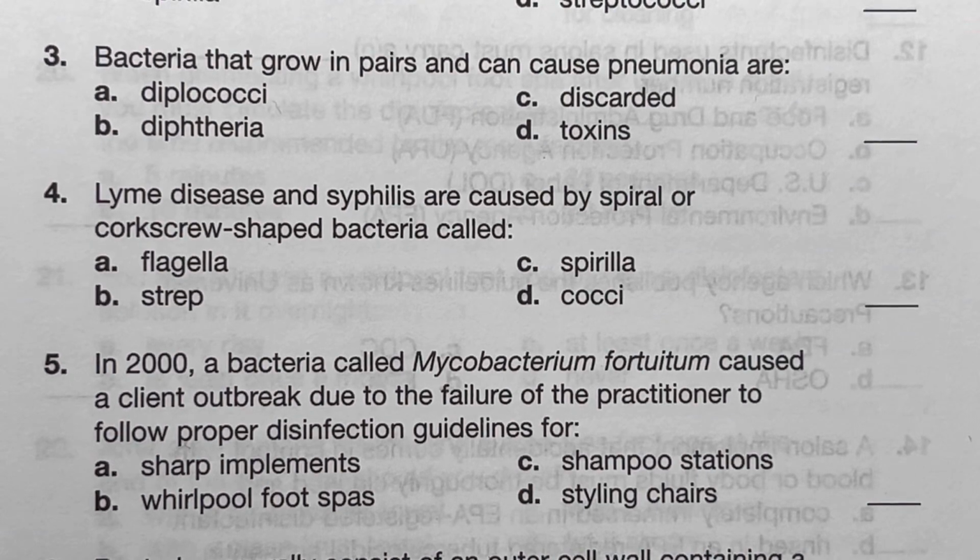In 2000, a bacteria called Mycobacterium fortuitum caused a client outbreak due to the failure of the practitioner to follow proper disinfection guidelines for A. Sharp implements, B. Whirlpool foot spas, C. Shampoo stations, D. Styling chairs. And the correct answer is B. Whirlpool foot spas.